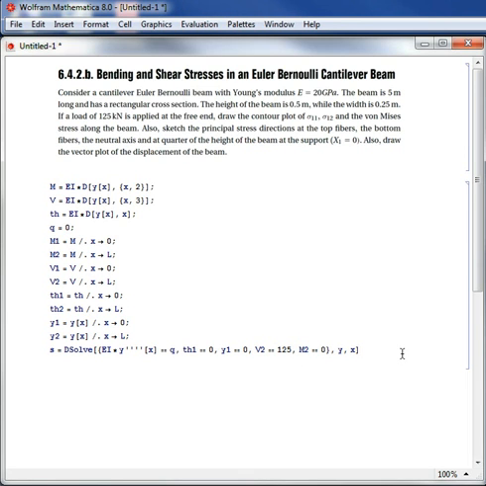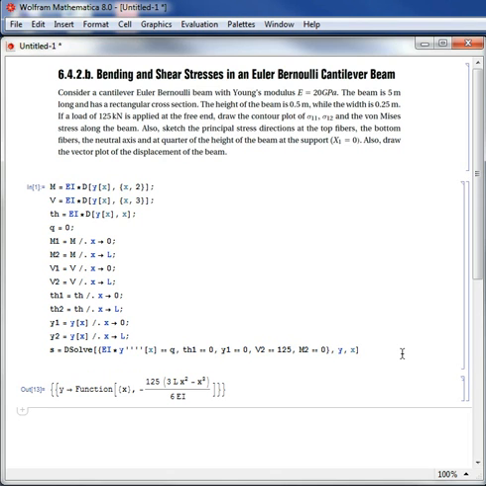So when I press shift enter, I get a solution. I get the y as a function of x, and this function is equal to negative 125 (3L x squared minus x cubed) divided by 6EI. So I solved the differential equation and applied the 4 boundary conditions to give me a function of y.